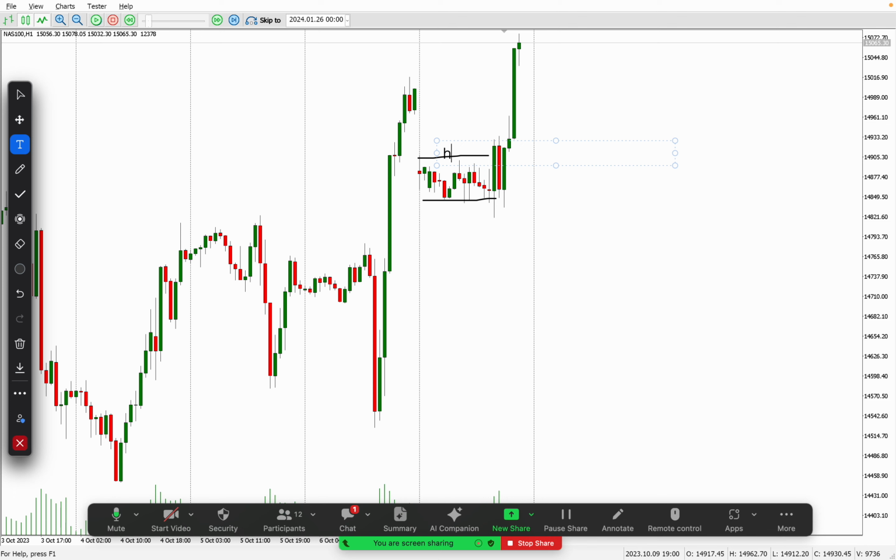Let me draw it out using a different object. Okay, a high and a low. This high, namely, is called the initial high of the day.